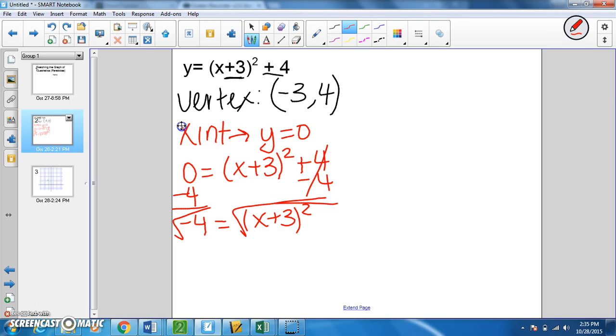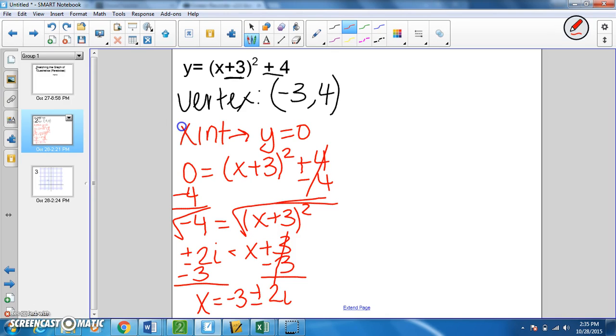The square root of -4 is positive or negative 2i, which is equal to x plus 3. To solve for x, I subtract 3, and x is equal to -3 plus or minus 2i.